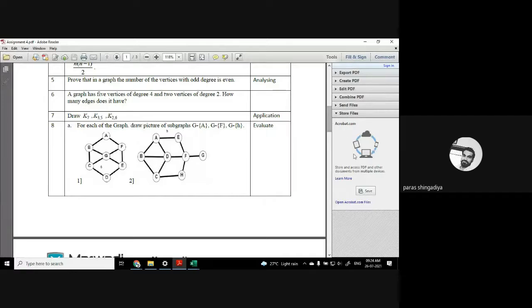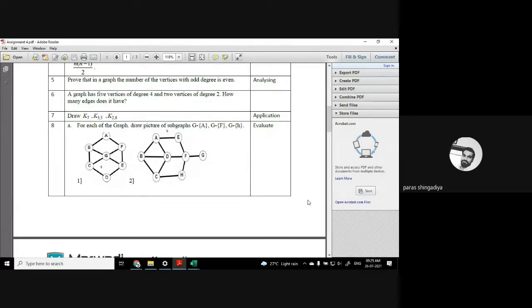Nikhil. Yes, am I audible? Yes, sir, audible. Did not reply. Krishna, Achyut, Harshit, Ishan, Janvi, Nikhil. Okay, all of you have done the K7 graph and its answer. We will use the number of edges.